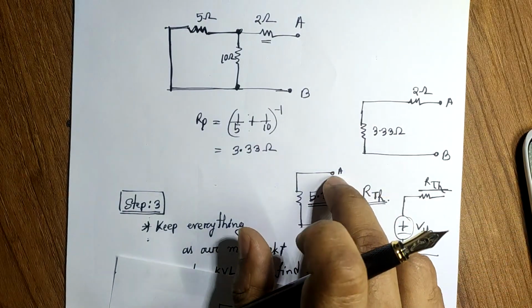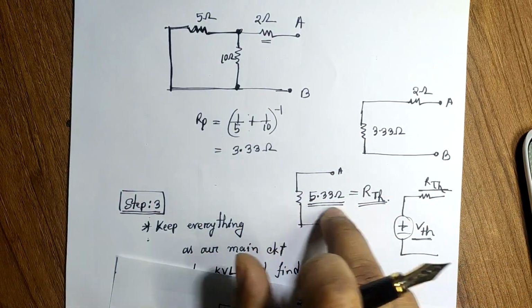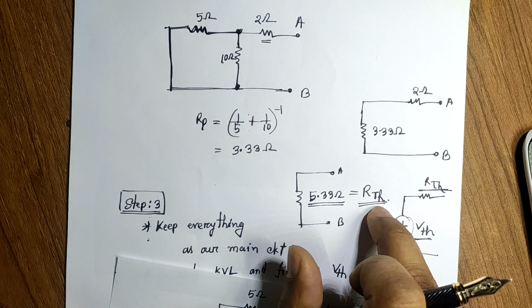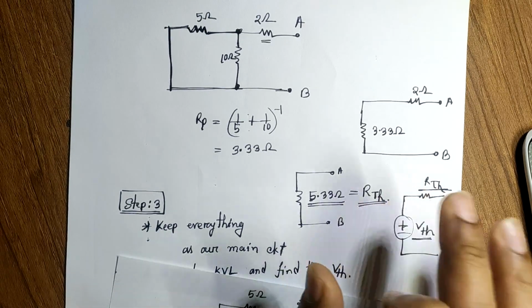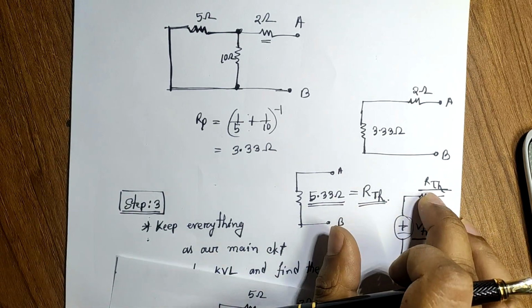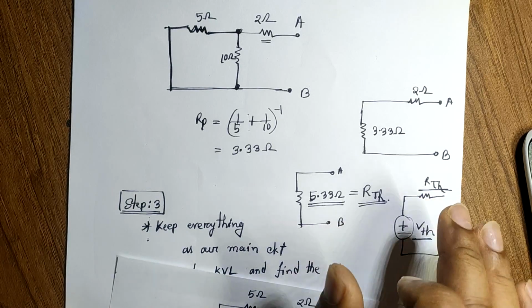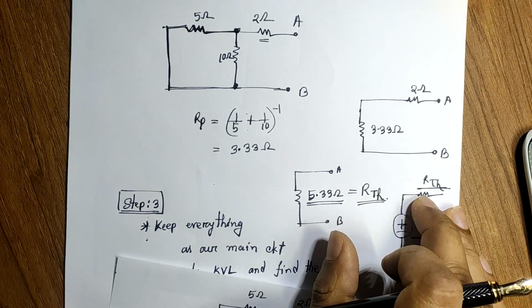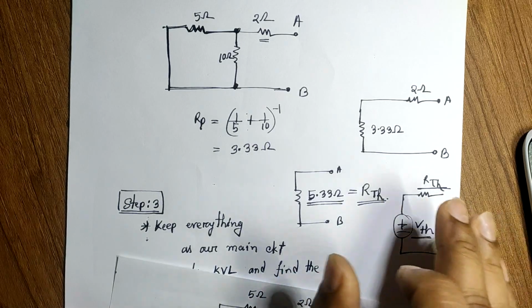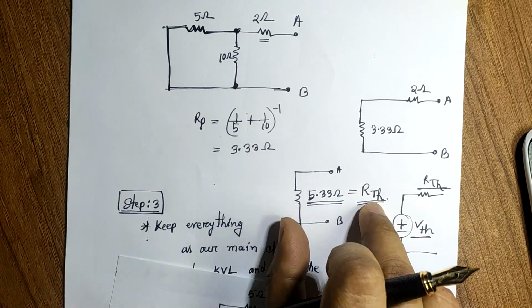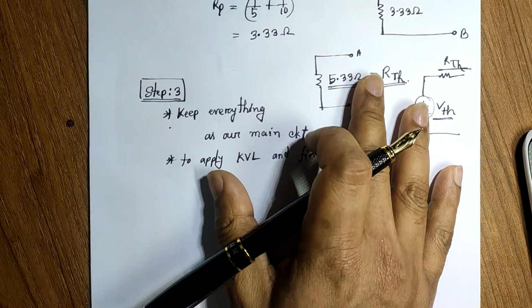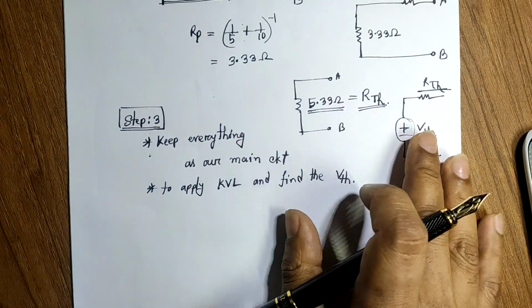We found the equivalent resistance between A and B terminals, which is 5.33 ohm, and that's actually our RTH. So with step number 1 and 2 we have found the value of RTH. Okay, remember when there are dependent sources, we will actually use a different method to find the value of RTH.